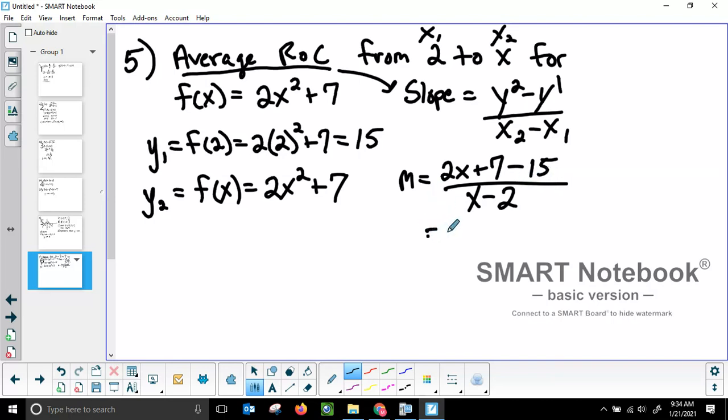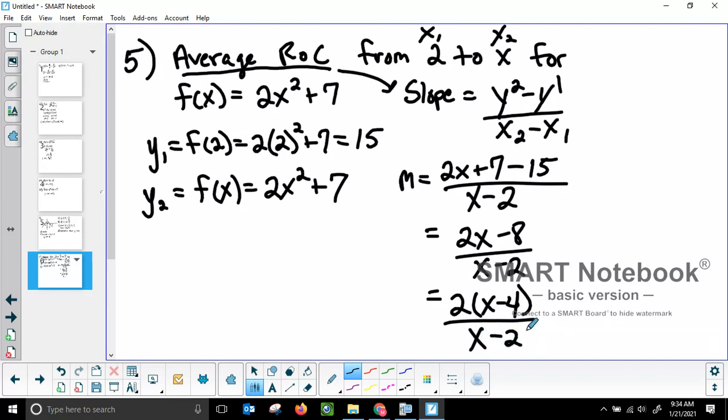So now this is going to be 2x minus 8 over x minus 2. You can factor 2 out here if you want, but it's not really going to do anything. But you sometimes want to, just to make sure nothing's going to cancel. But nothing cancels, right? So whichever one of these two you saw as a multiple choice answer, probably this one, would be what you would select.